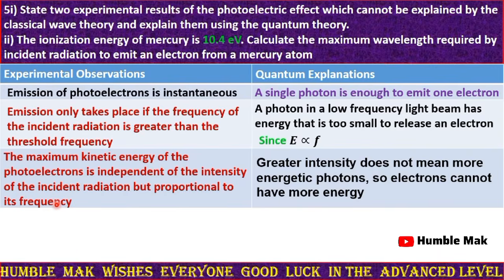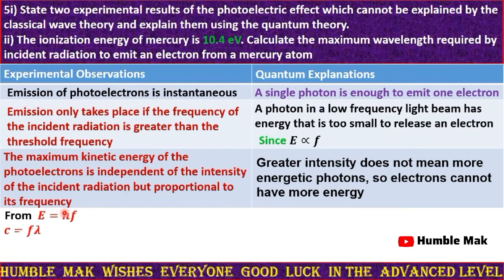Now the next part is saying that the ionization energy of mercury is 10.4 electron volts. You should calculate the maximum wavelength required by the incident radiation to emit an electron from a mercury atom. Okay, friends, we know that the energy is given as E equals hf, where h is the Planck's constant, and f is simply the frequency of the incident radiation.